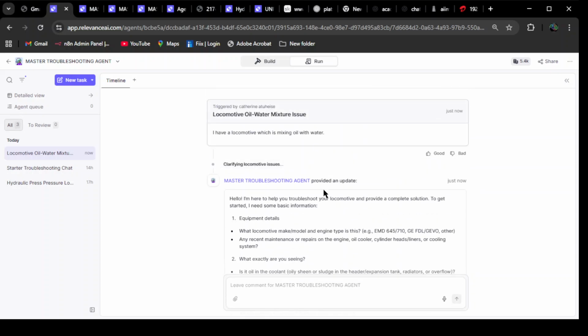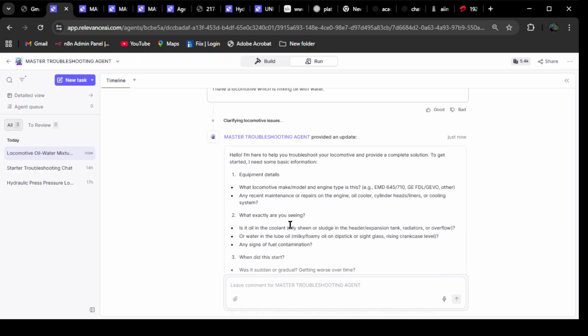So we see here that it has given an update. To get started, I need some basic information. So this is the diagnostic interviewer tool trying to find out more details about the engine type.